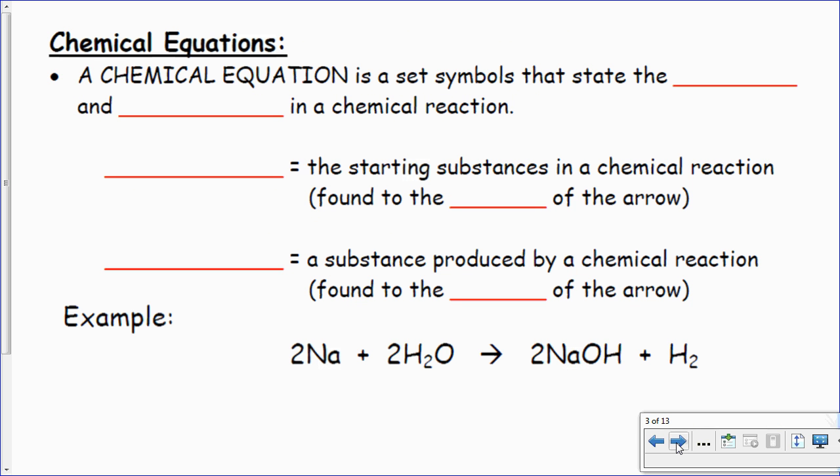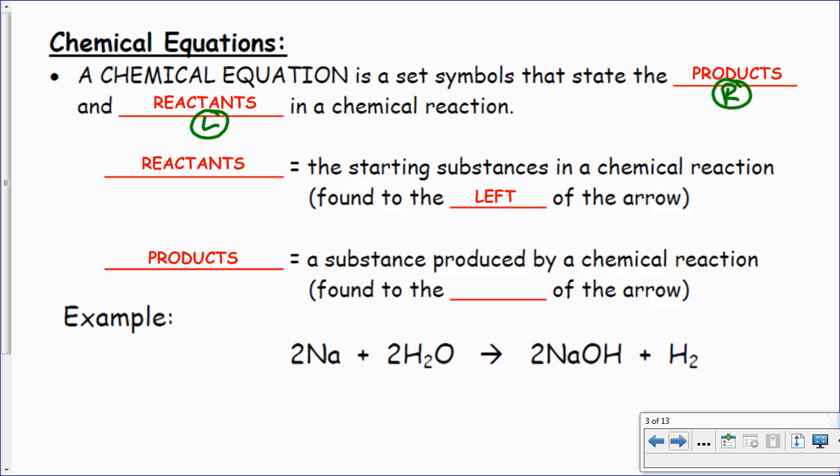So a chemical equation is a set of symbols that state the products and reactants in a chemical reaction. The products are always on the right side, and the reactants are always on the left side. Reactants, the starting substances, are on the left of the arrow, and the products are the things that are produced or made in a reaction. They're always on the right-hand side of that arrow.